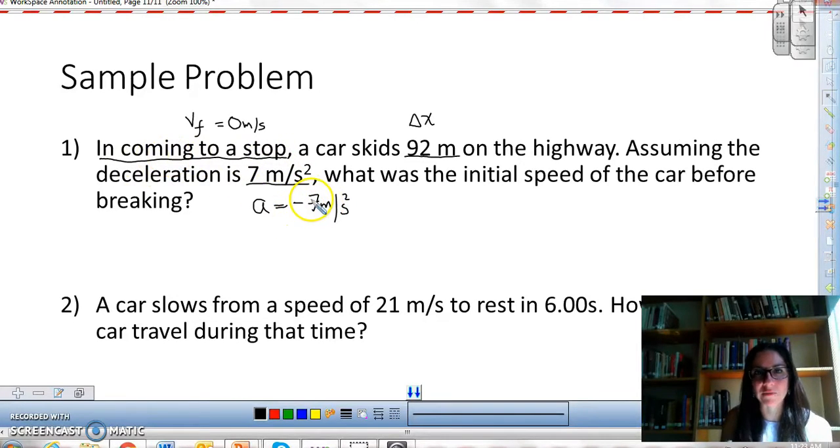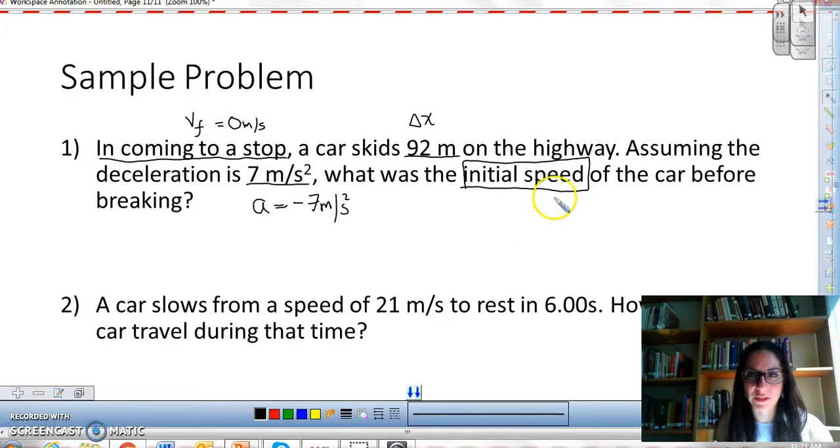That tells me the negative sign has to go here. The question is, what is the initial speed? When I see this, it wants a value. It doesn't care about direction. If it said velocity, then we'd have to pay attention to signs. But the answer is just going to tell us what's going on anyway. Okay, so a car comes to a skid.